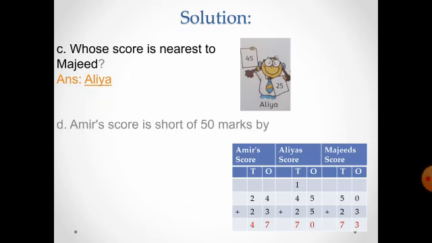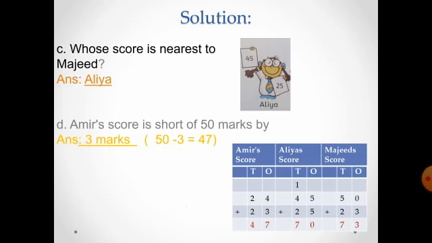Next, Amir's score is short of 50 marks by how much? All of you know that Amir got 47. This is less than 50, but it is also close to 50. So, what should be added to 47 to make it 50? Or what should be subtracted from 50 to make it 47?